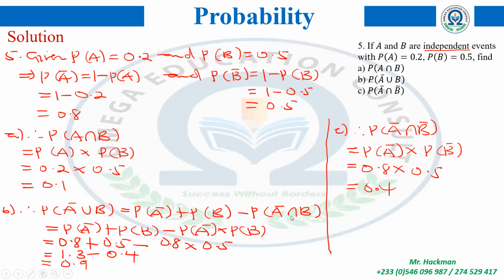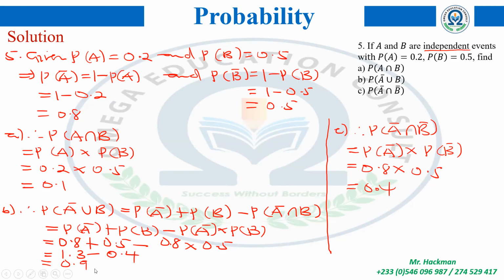So anytime you see this, the intersection or 'and', it becomes multiplication. So this reduces to what we have here. Now you substitute all your known parameters, then you solve, and that will give you your P of A complement union B.